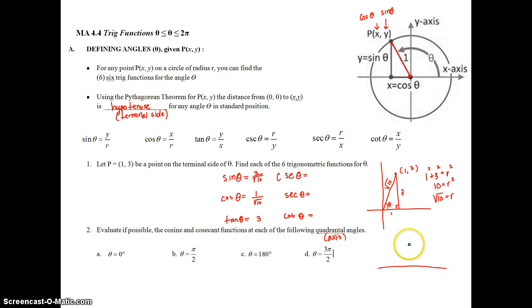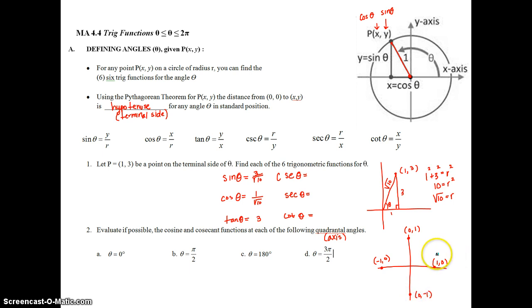And the easiest way to find the cosine of these angles is to remember where they sit on the unit circle. 0 degrees sits here, and we define the radius as being 1, so it would sit at 1, 0. 90 degrees is here, it sits at 0, 1. 180 degrees is here, it sits at negative 1, 0. And 270 degrees sits down here, it's at 0, negative 1.